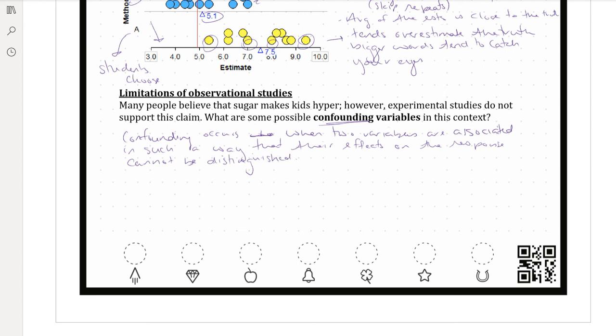They confound us as to which effect is really occurring on the response, or they are confusing us as to which effect is really occurring on the response.